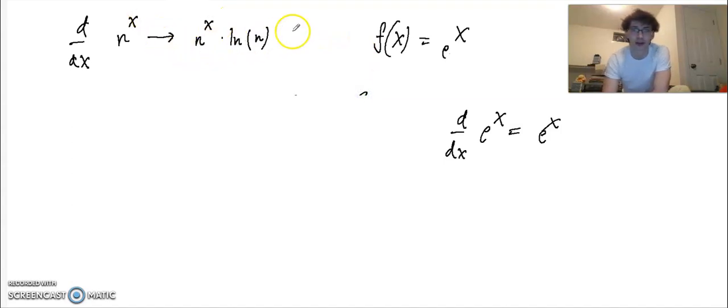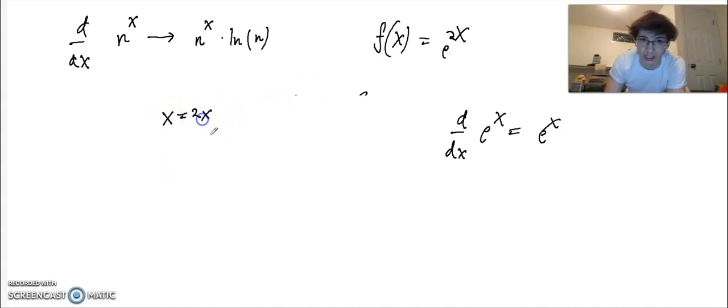Let's move on. Let's say we have e to the 2x. So we have our function, and we take the derivative of it, and let's say x equals 2x. This is a little confusing because x is like a general variable.